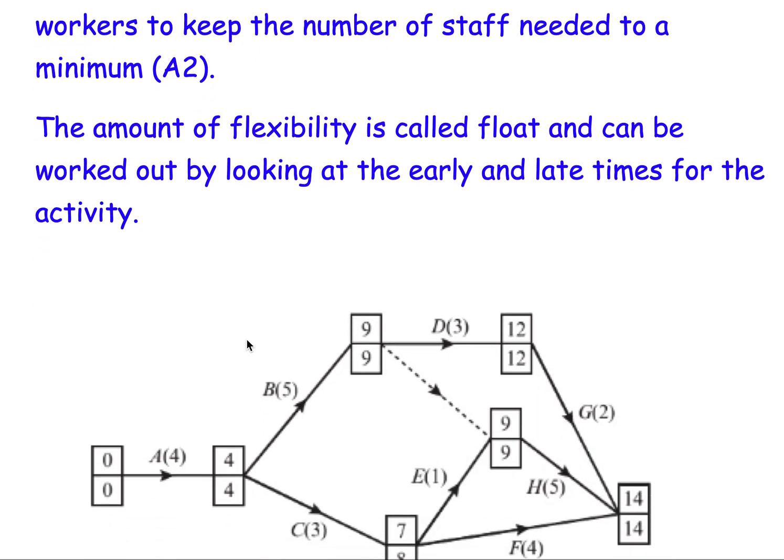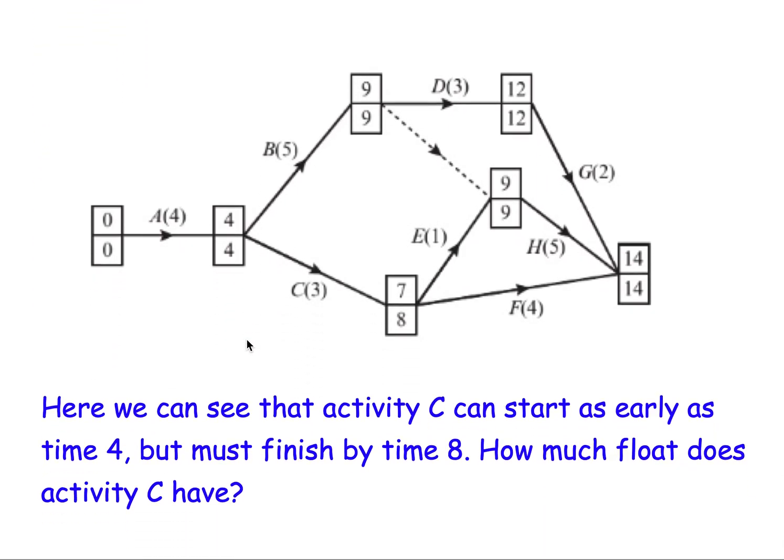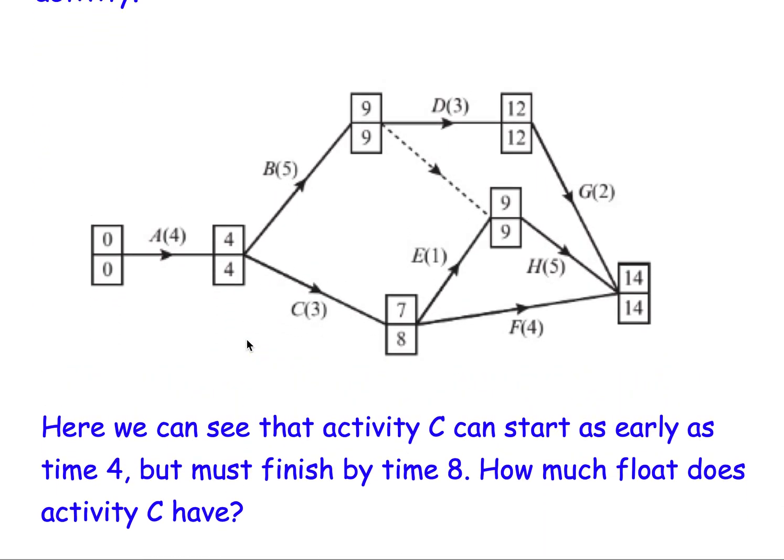So I've got the example that we looked at during Monday's lesson here, and just as a bit of a recap, we've got activity C. It can start as early as time 4 and must be finished by time 8, which gives it a bit of slack.